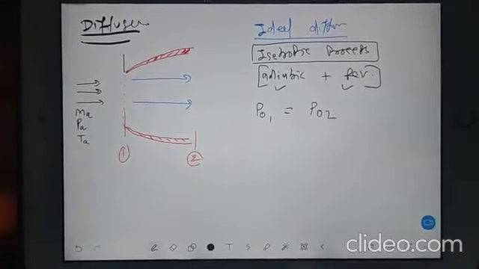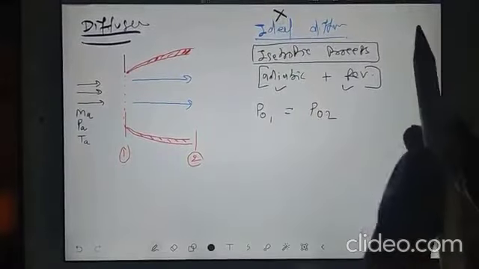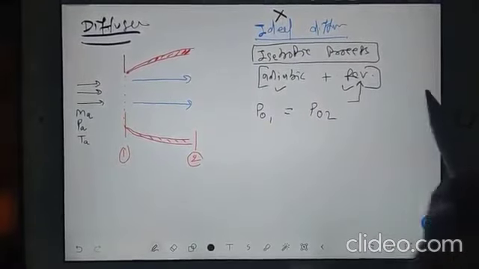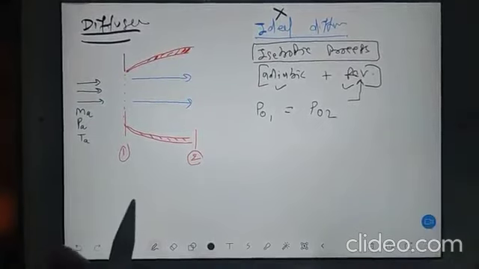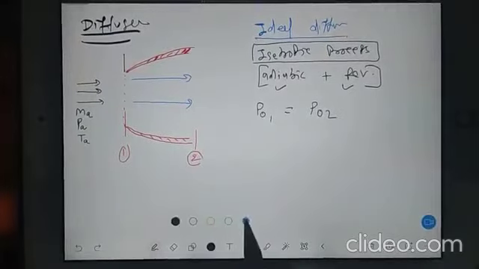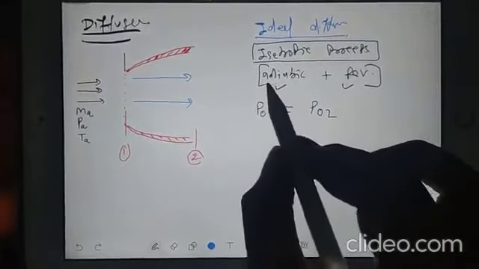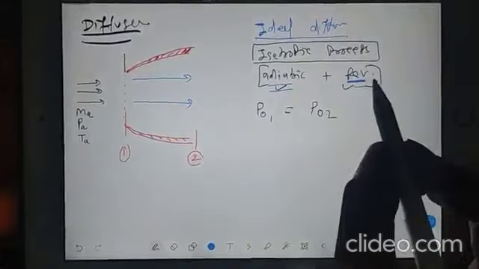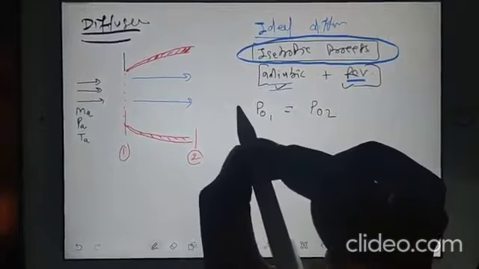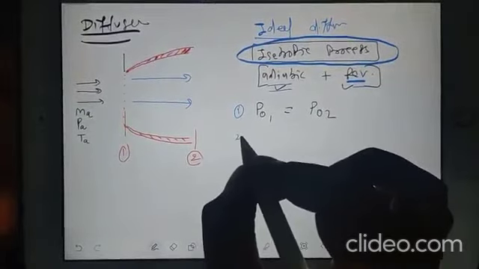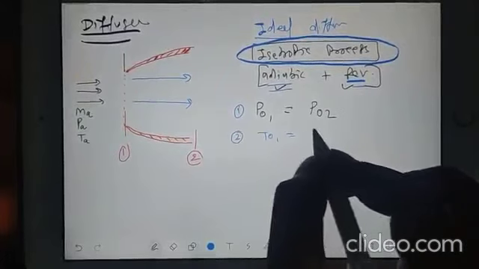But if you don't consider the ideal case, irreversibility will come and P02 will decrease. I will come to that point, don't worry. Right now you write down that because it is adiabatic and reversible, or combined, isentropic, P01 will be equal to P02 and T01 will be equal to T02.